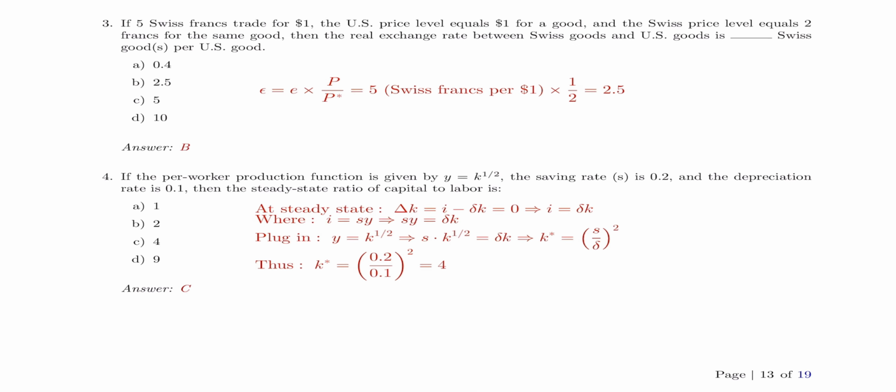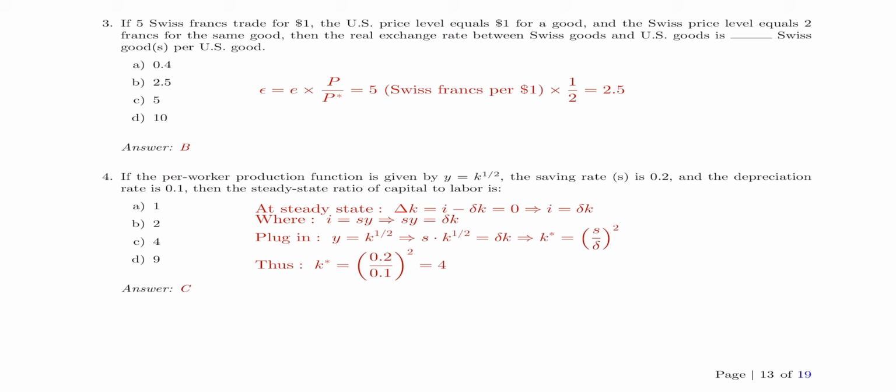Question number 4. We're looking for the steady state capital labor ratio, lowercase k star, in the Solow model. At steady state, delta lowercase k equals 0. Then lowercase i equals delta times lowercase k, where lowercase i equals lowercase s times lowercase y. Then lowercase s times lowercase y equals delta times lowercase k.